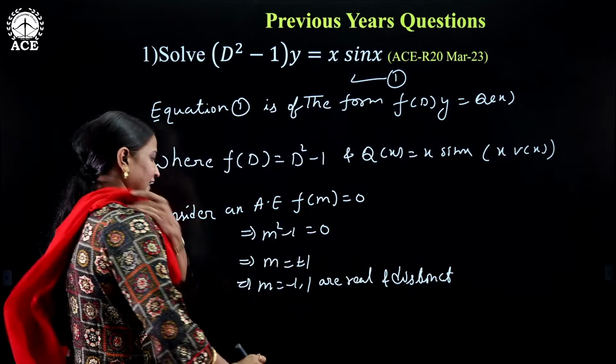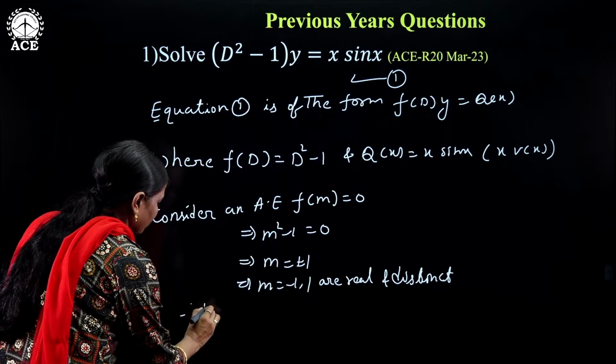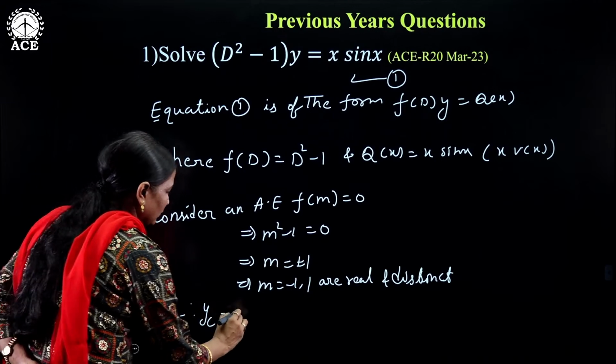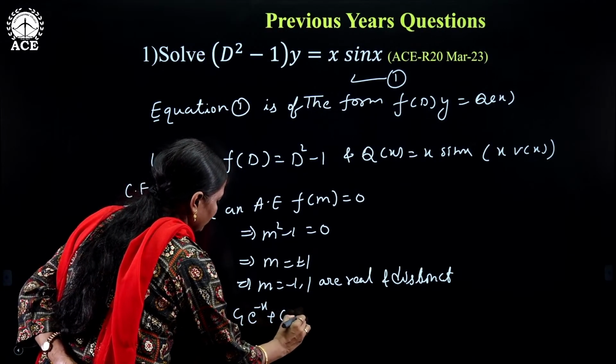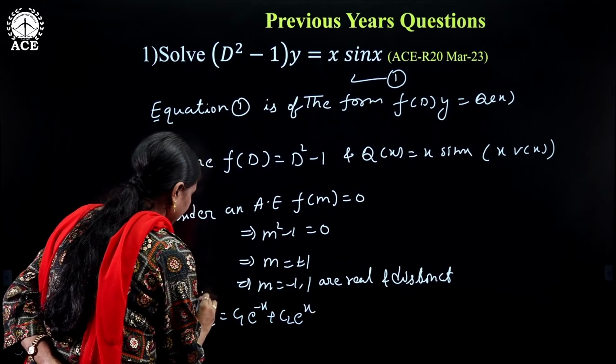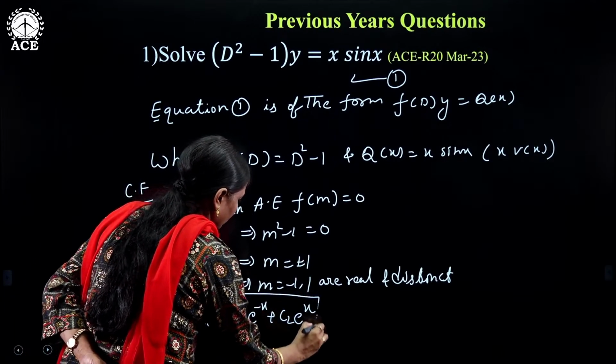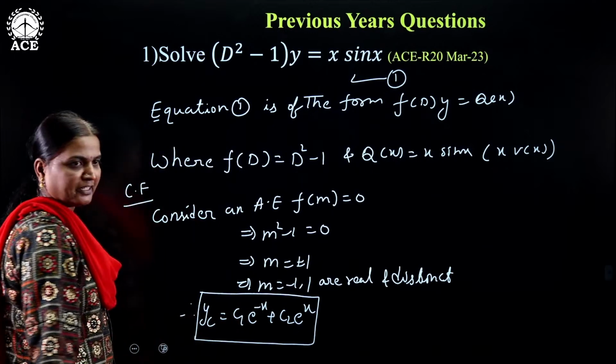When the roots are real and distinct, how to write the complementary function? Yc is equal to c1 into e power minus x plus c2 into e power plus x. This is the complementary function.